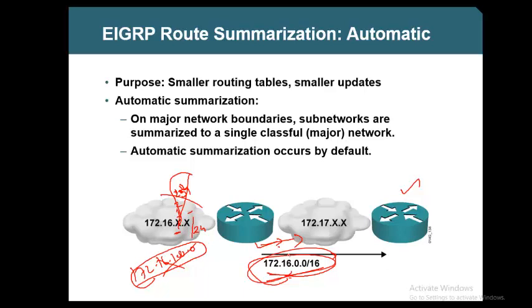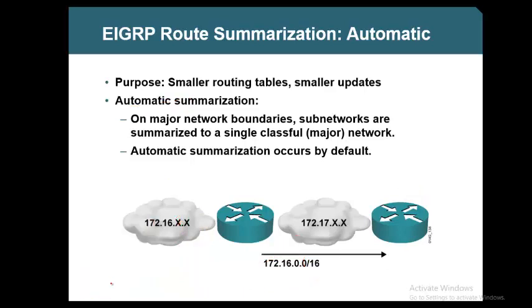When you do summarization, it need not be to the major network boundaries, though it is written in the second point, first subsection, on major network boundaries. This example shows it has been summarized to major network boundaries. That is what is called auto summarization. Auto summarization is summarizing to major network boundaries. 172.16 means what network?